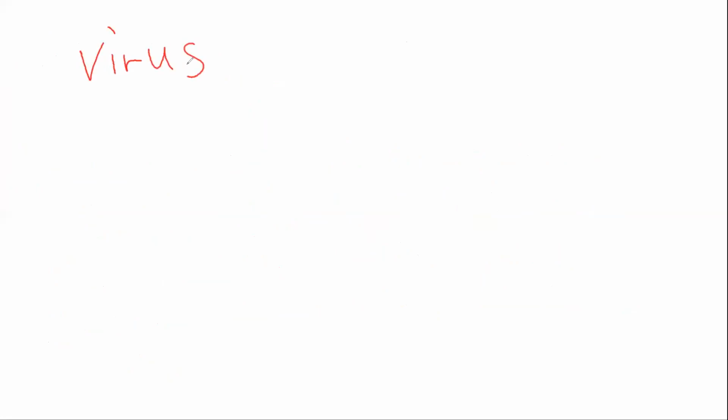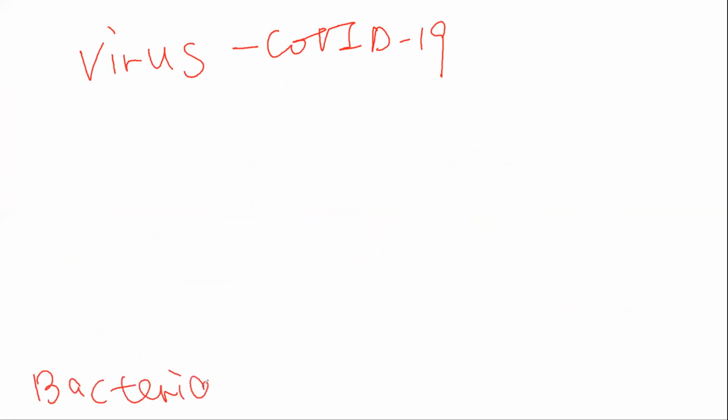Right now, because of COVID-19, everybody knows about that. So that's an example, COVID-19. And then you know bacteria. Everybody knows that. Bacteria which is encoding, let's say E. coli.